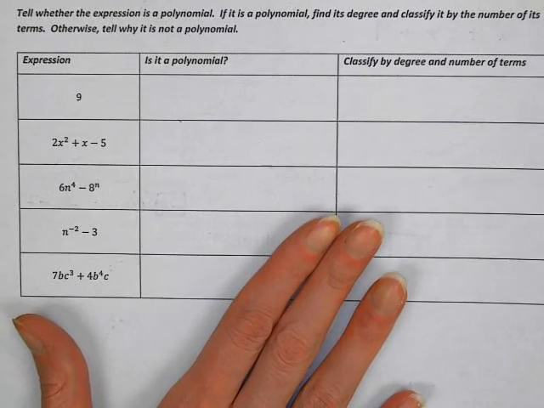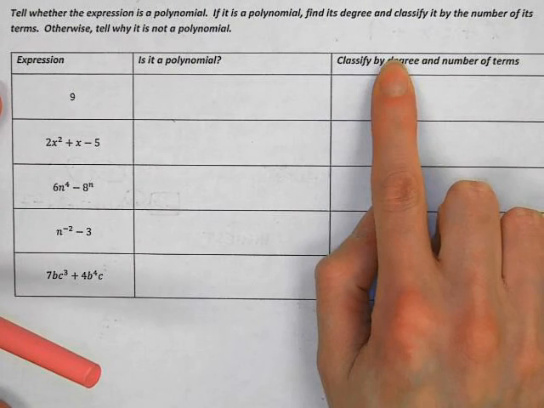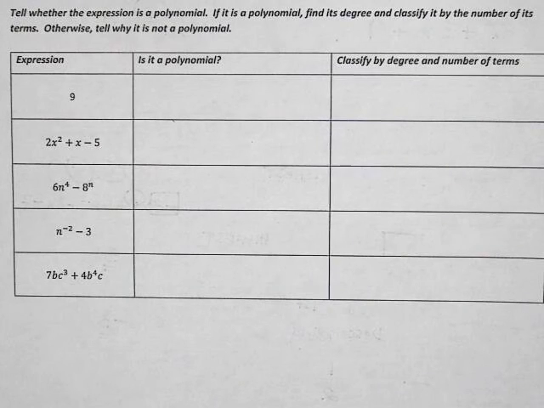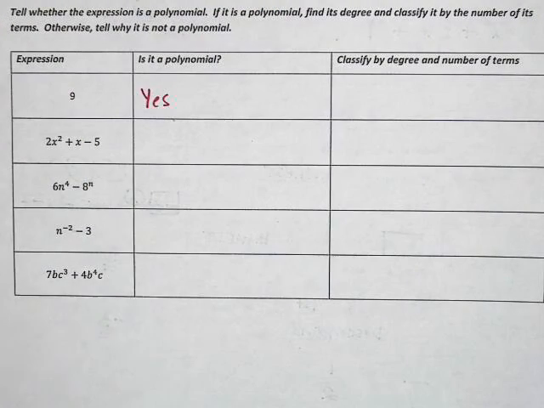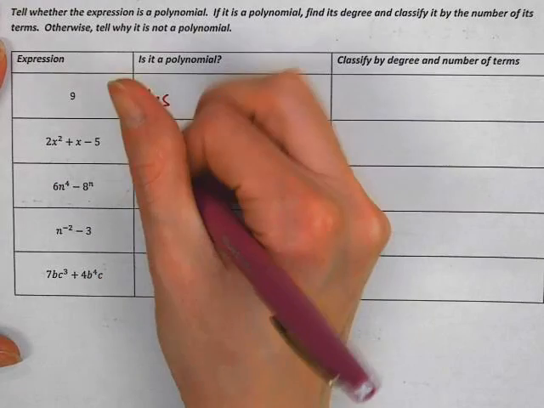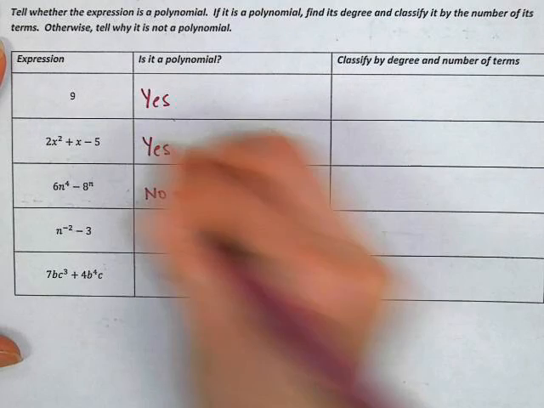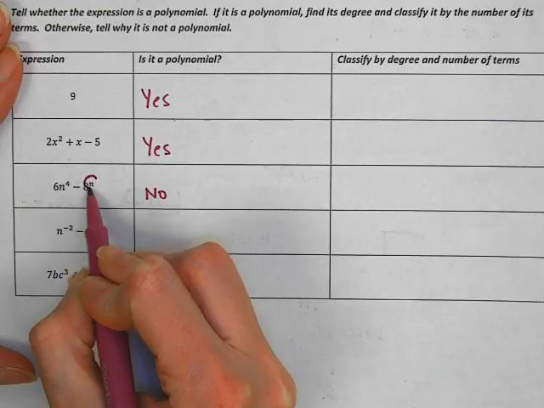Now on to another example: is it a polynomial, yes or no? And then tell me the degree and classify by the number of terms. Let's try this one. The number 9, yes, it's a polynomial. Let's go down the line. This guy, yes. This guy is actually no. Oh, and this is something I forgot to put in the front: no variables as exponents.